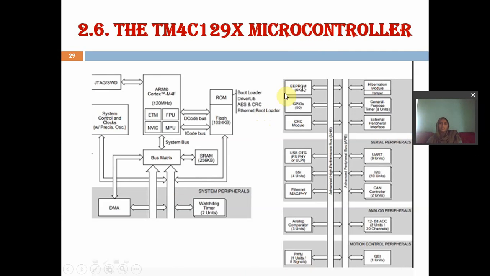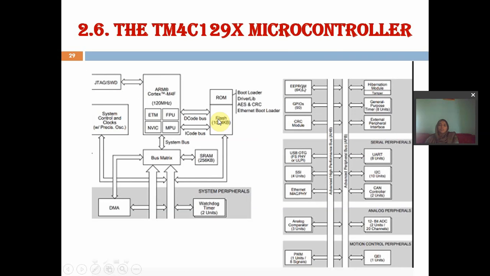In the previous session we discussed the TM4 series families: what is TM4C, what are the blocks in TM4C, and the TM4C123. In this session I am going to explain the TM4C129 microcontroller.